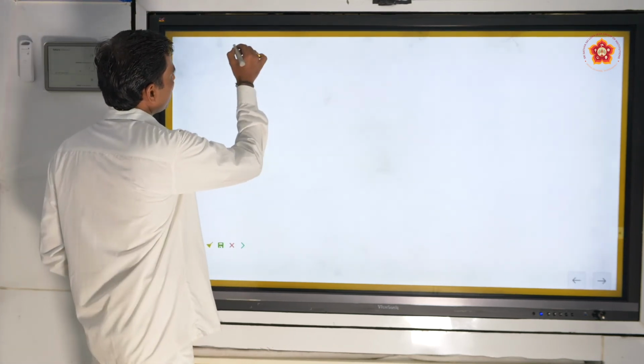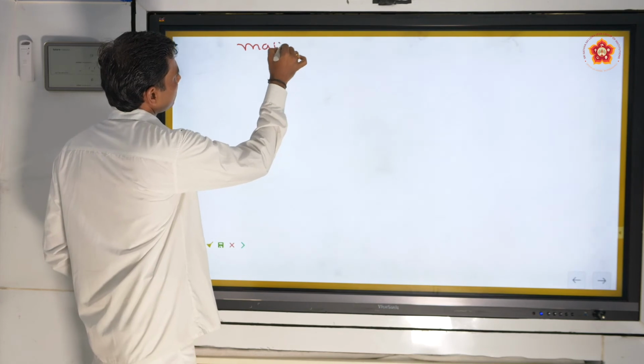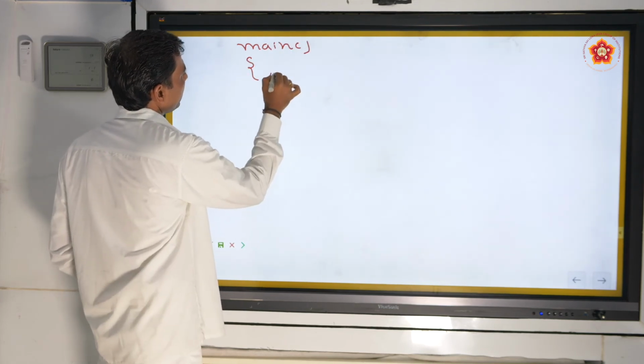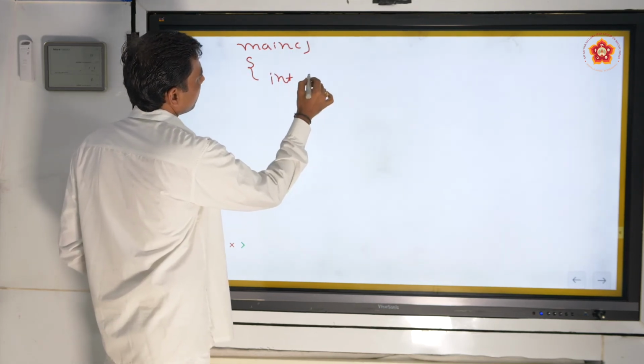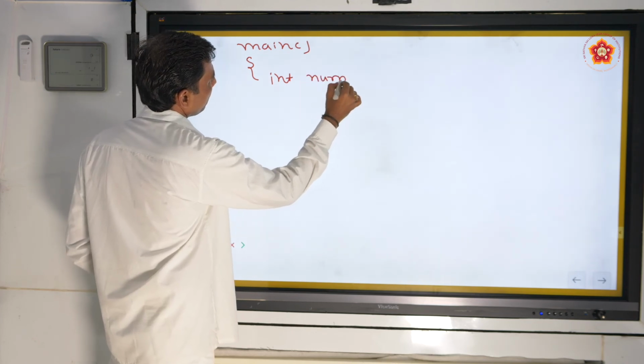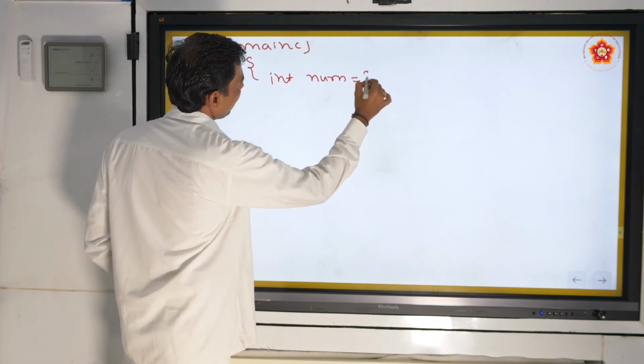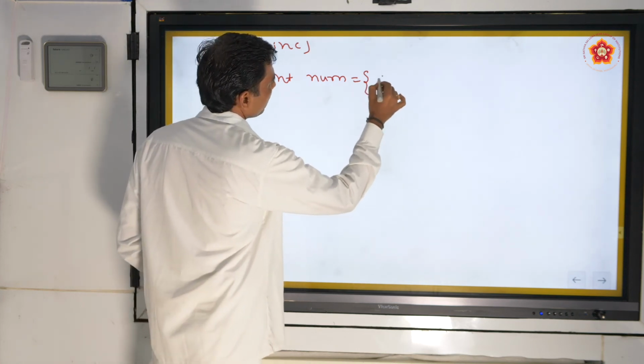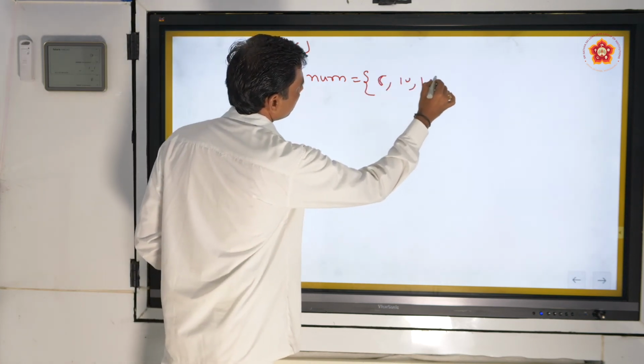Suppose here I am creating a main function, and I am creating an integer array num, which stores 3 simple values, say 5, 10 and 15.